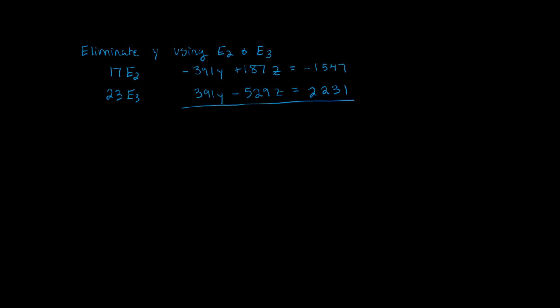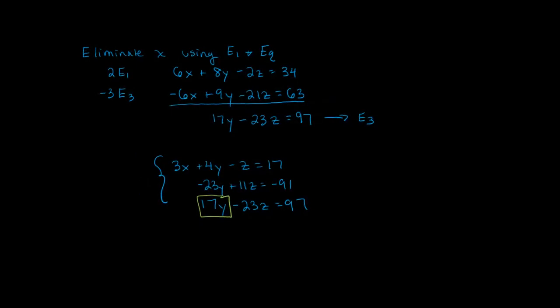So now I'm going to eliminate y. The y's cancel, and then I have 187 minus 529. I get negative 342z. And then we get negative 1547 plus 2231, 684. So what we have so far, we've got 3x plus 4y minus z equals 17.